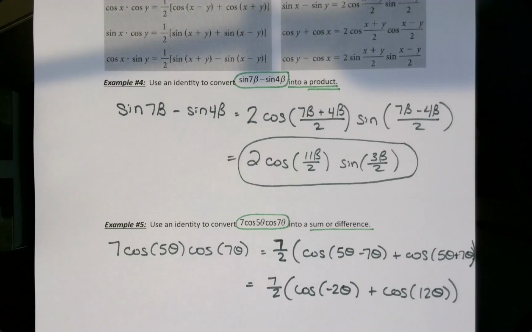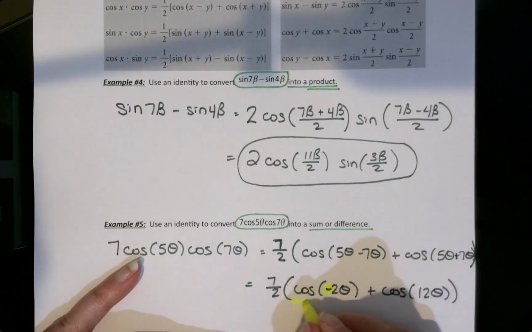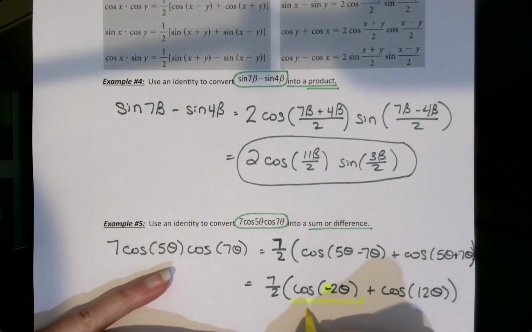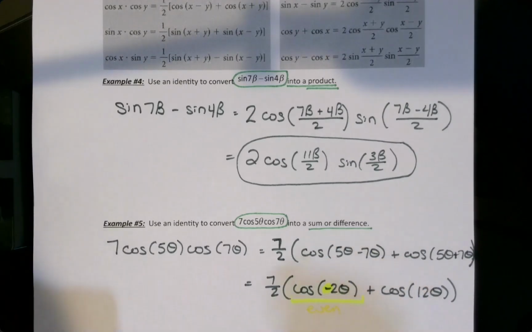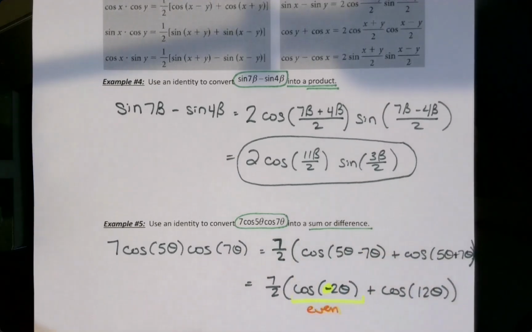The last thing to do is use the property of cosine, that cosine is even, to simplify the cosine of that negative angle right here, using the fact that cosine is an even function. Doesn't show up very well, so let me rewrite that. Cosine is an even function.